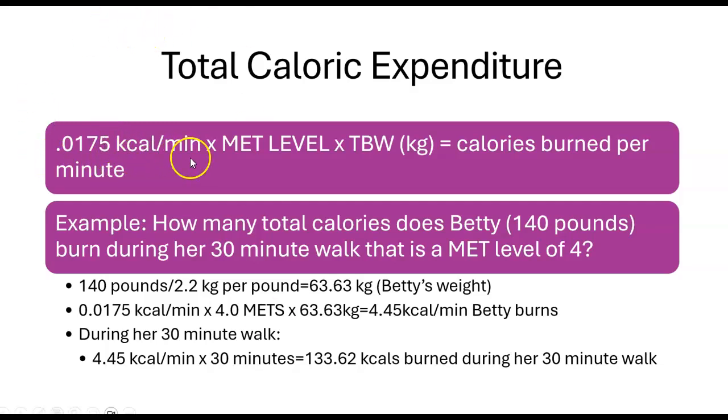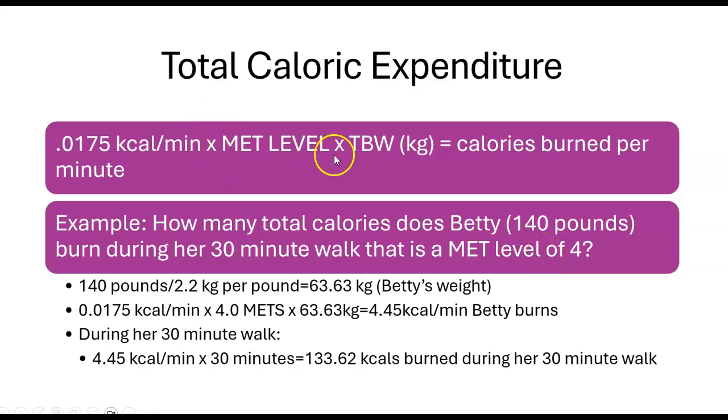0.0175 kcals per minute. That is a constant. We are given that. The next part of the equation is MET level. MET level you will know how to determine by going to the compendium of exercise if it's not given to you in an equation.